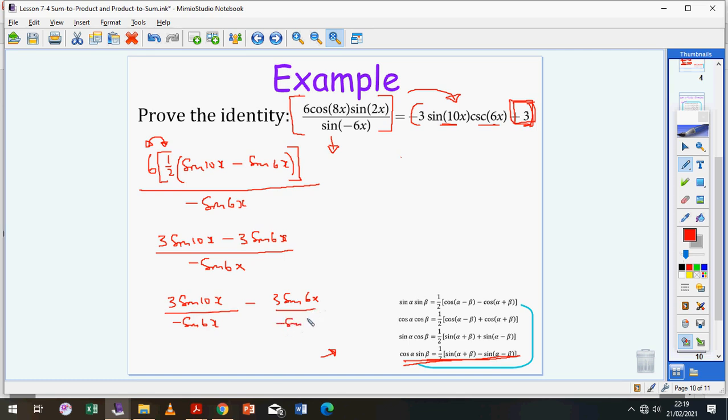Now technically, this negative is with this 3. So I can turn this into a positive and keep that a negative. It's still the same thing. I'm just doing that so I can cancel out the negative.